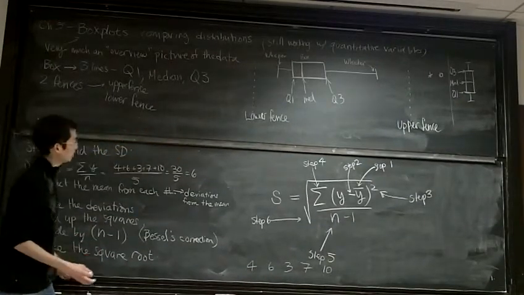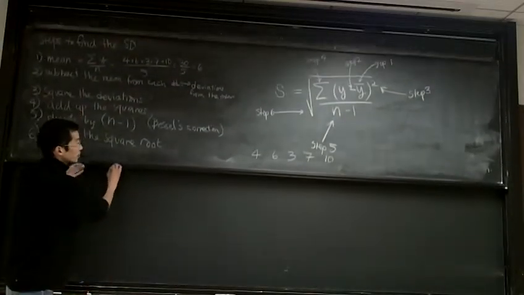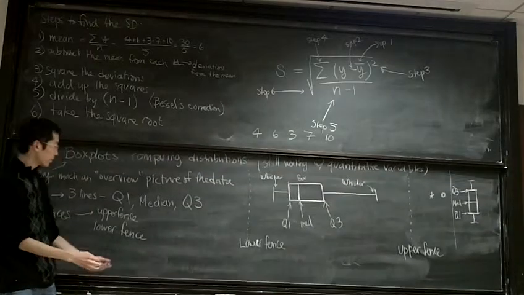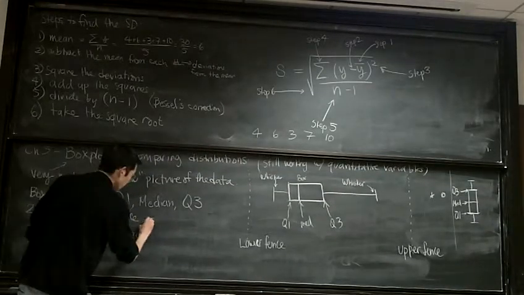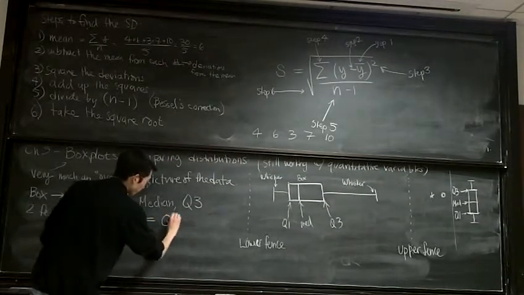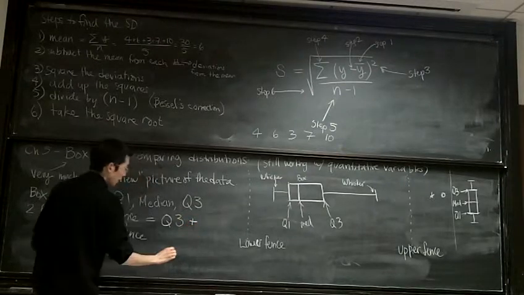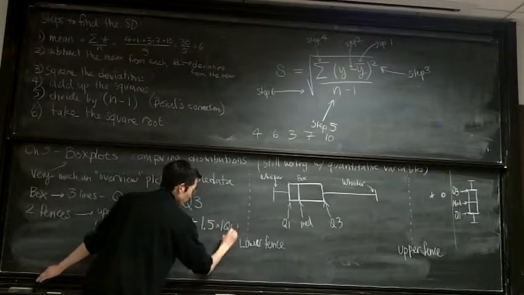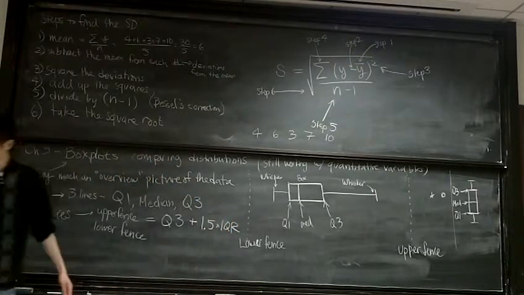Okay, we have the upper fence and lower fence. To find the upper fence, we take Q3 and we add 1.5 times the IQR.